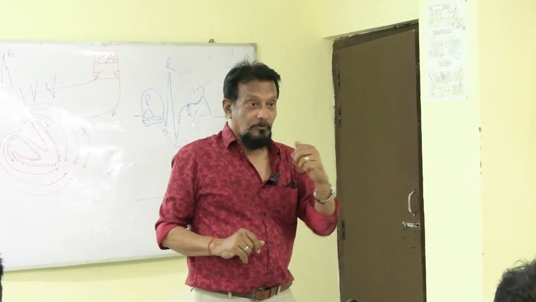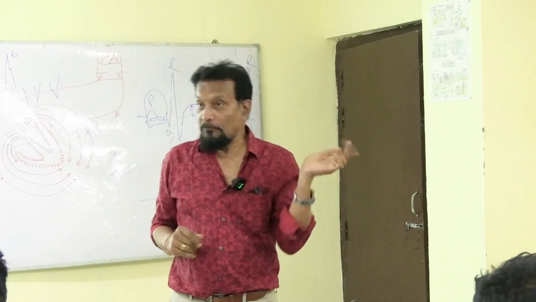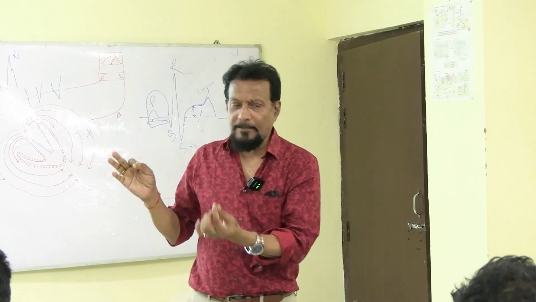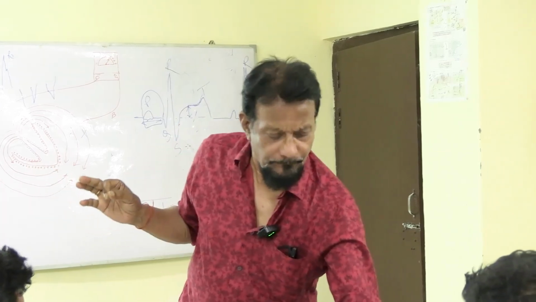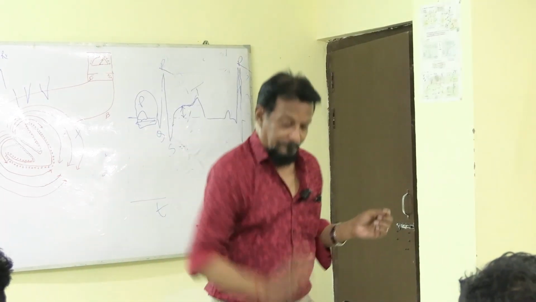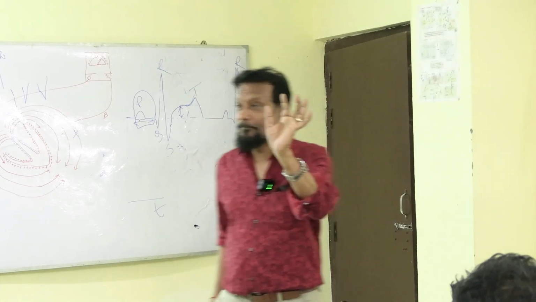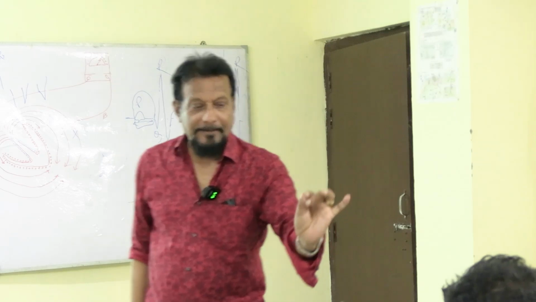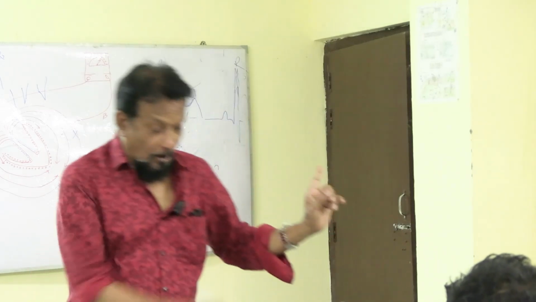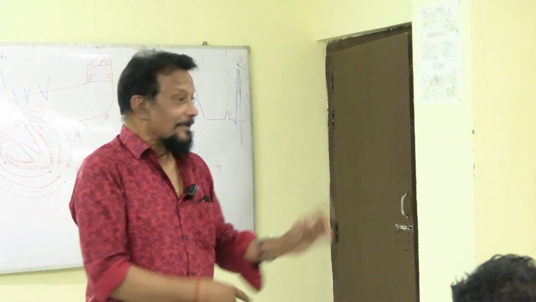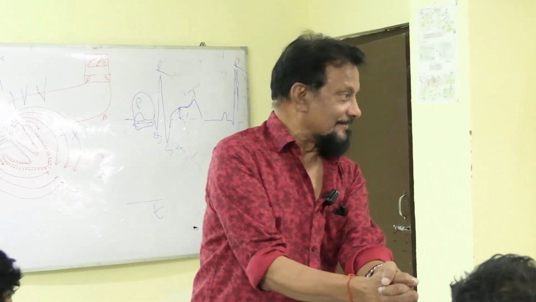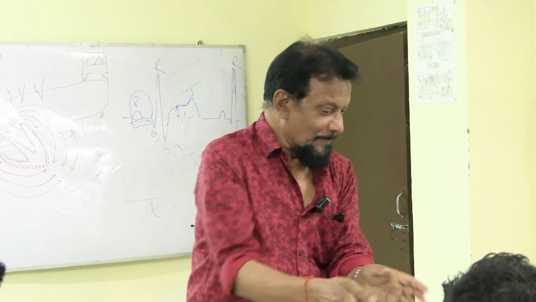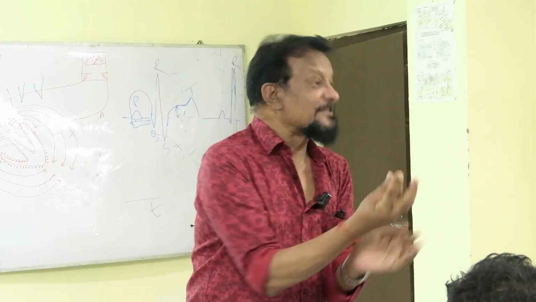From lead 2, where is the negative pole? Here. And for lead 3, the positive pole is here and the negative pole here. So for all these leads, 1, 2, 3, the negative poles are combined, and now their voltage is 0.